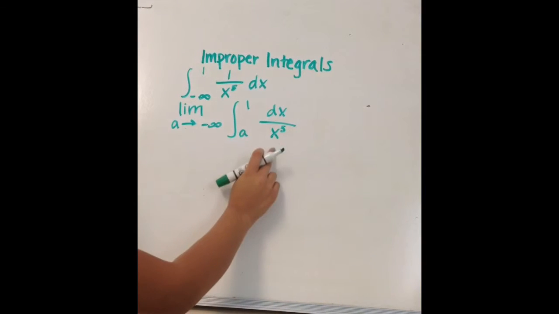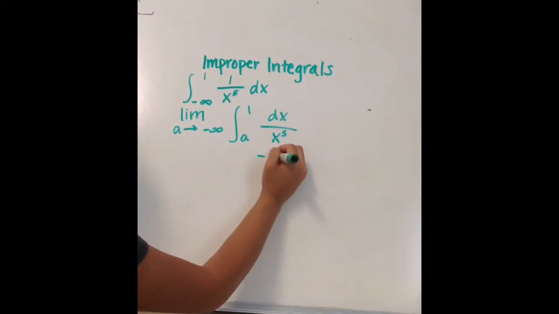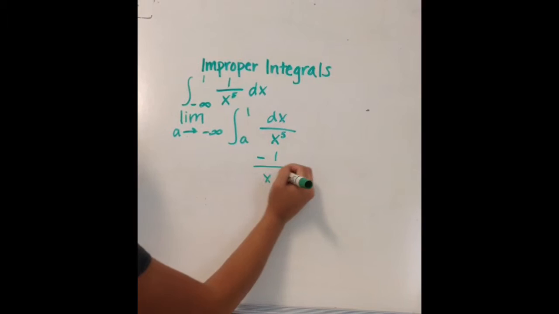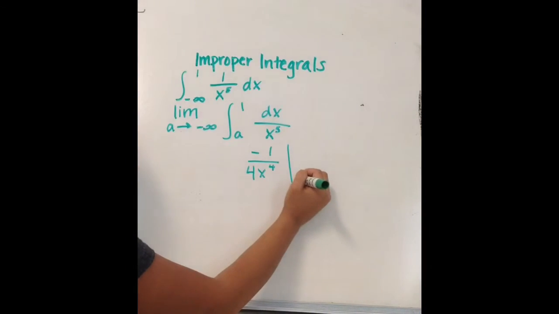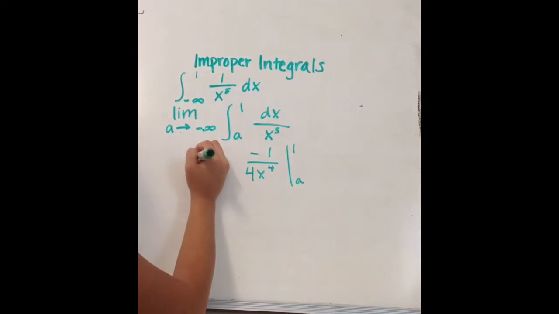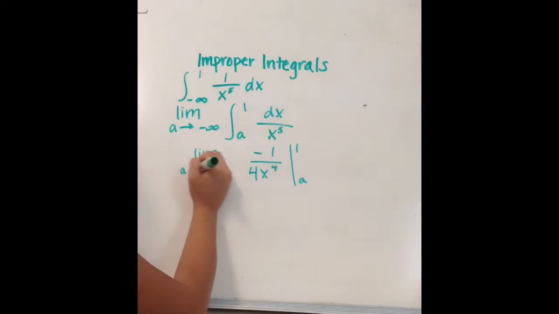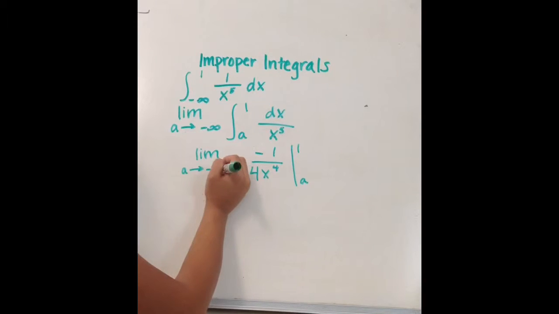Now we integrate as usual, so negative 1 over 4x to the 4th, from a to 1, limit as a approaches negative infinity.